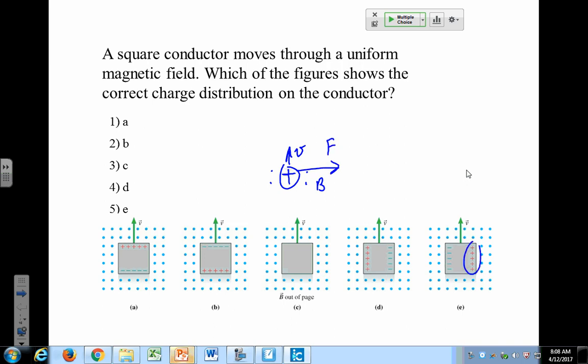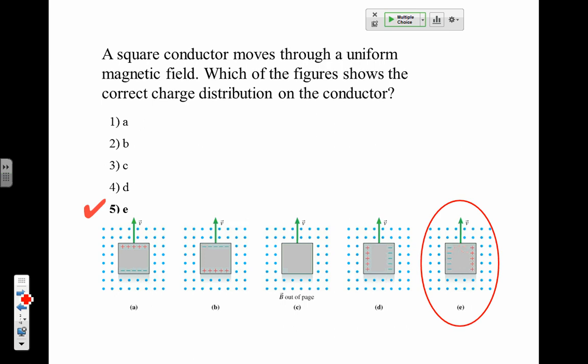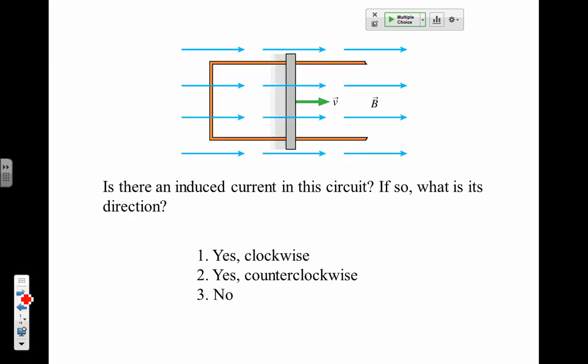And so my positive particles are going to move over here, my negative particles are going to move over here. So we can also think about our electric field, that we have this electric field that is set up within this conductor that will be in that direction. So we get this electric field that separates these charges. Or we can think about it in that way. So E is the right direction.